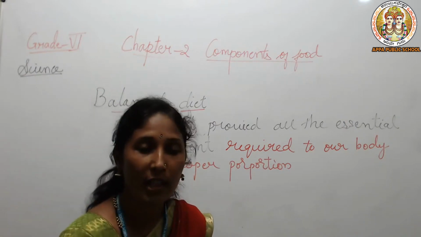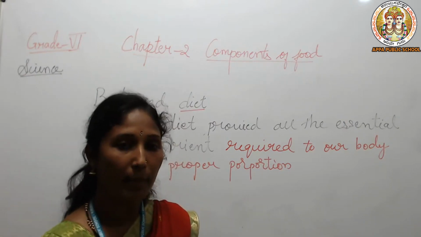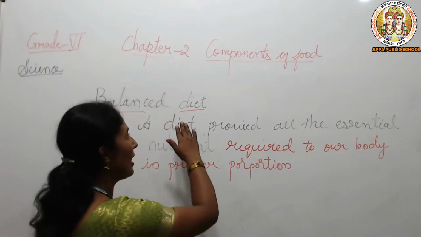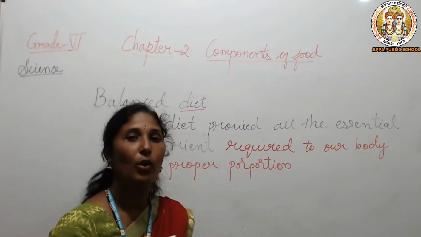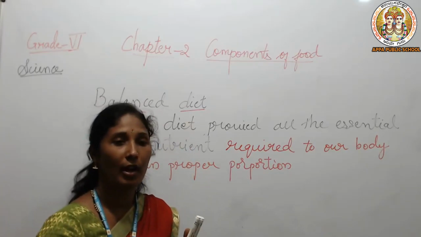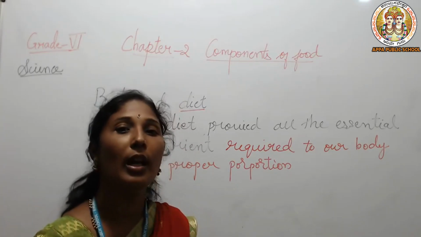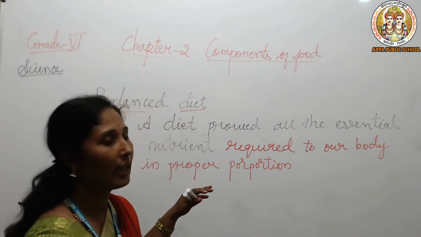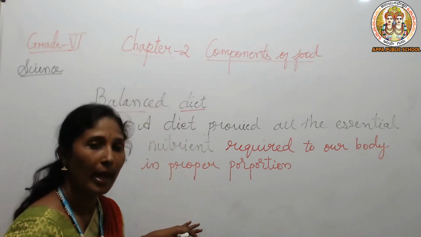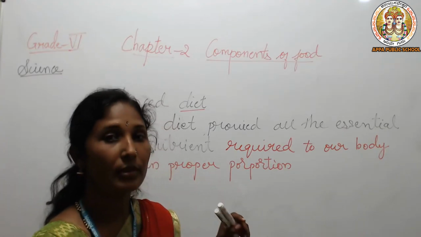How much physical work you are doing, depending upon that also, our balanced diet will be different. If you are doing more physical work, you require more protein and more energy. So depending upon that, we have to make a chart.